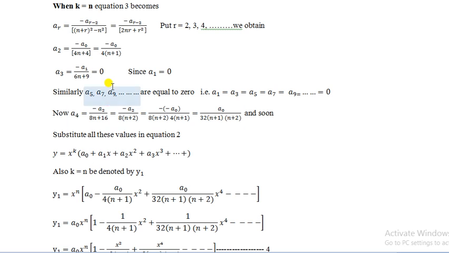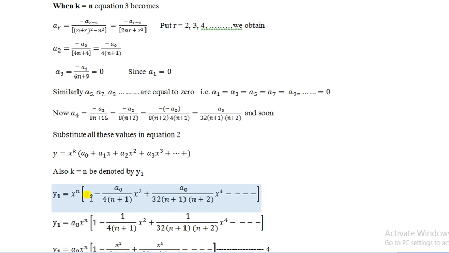Then the a2 value: a2 is minus a naught divided by 4 into bracket n plus 1 into x square. Then a3: we know that all odd-numbered coefficients are 0, which means the a3 value becomes 0. Now use the a4 value: a naught divided by 32 into (n plus 1) into (n plus 2) into x raised to 4, and so on.